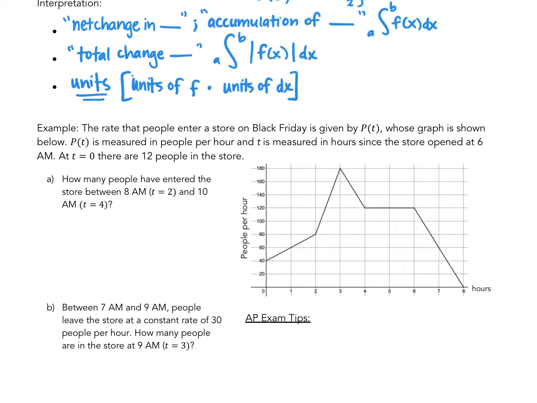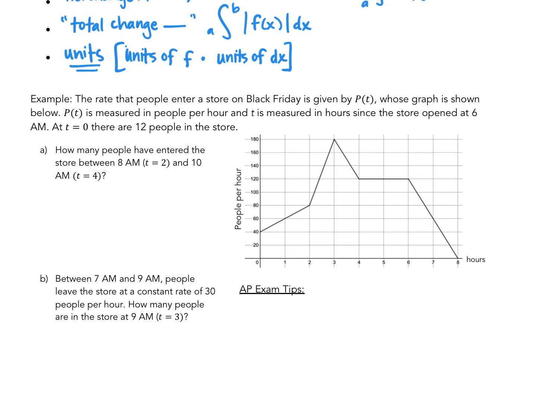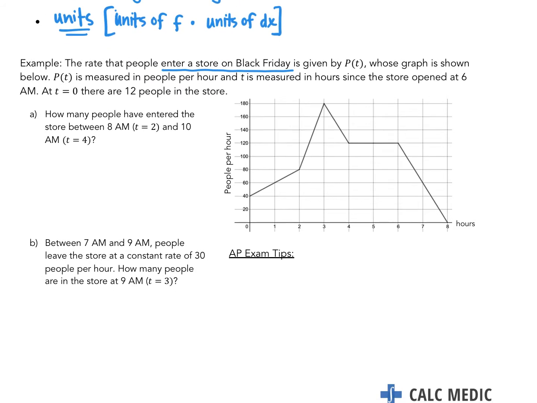So here's an example where you'll be given a graph, not necessarily a function, but a graph, and you're asked to do an accumulation problem. Let's assume that the graph represents people who are going into a store. I want you to be watching out for that because that's one of your AP exam tips here today.